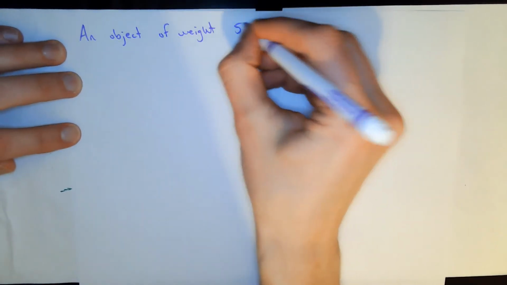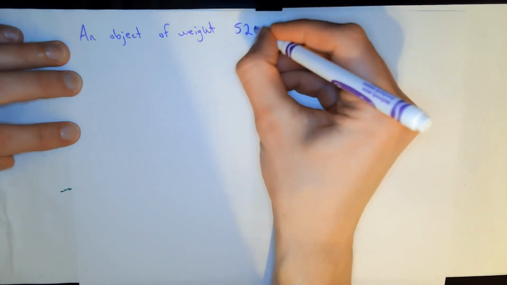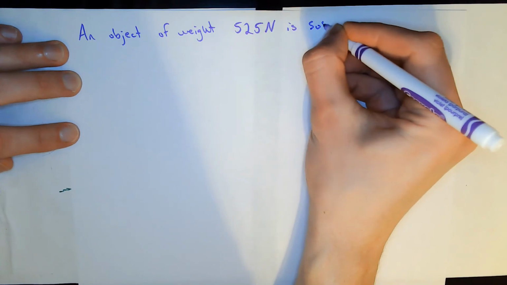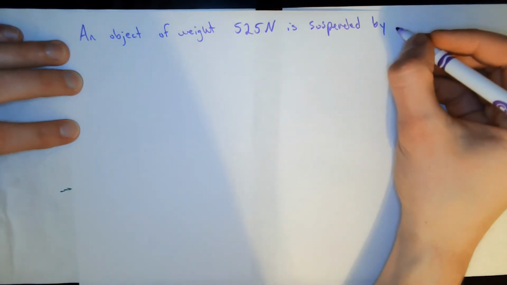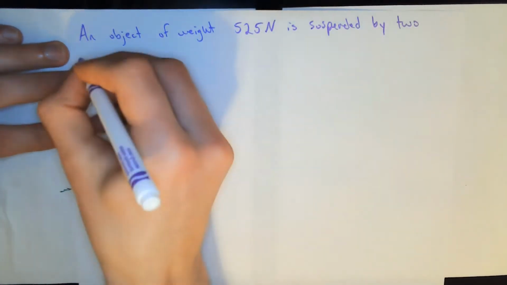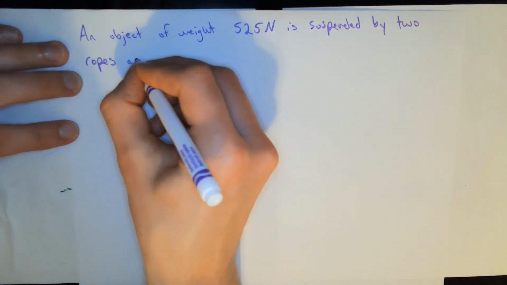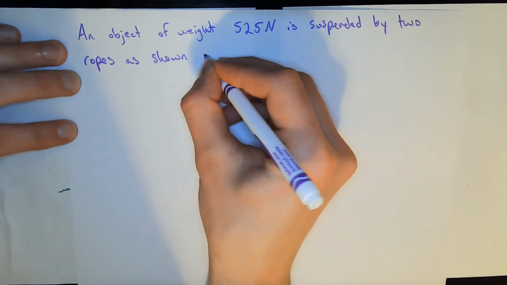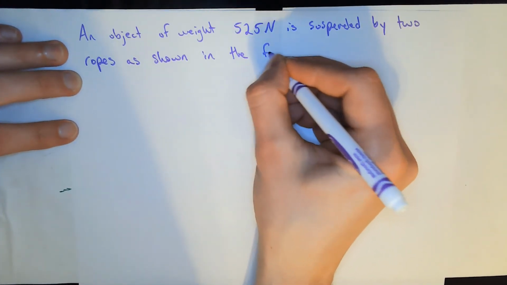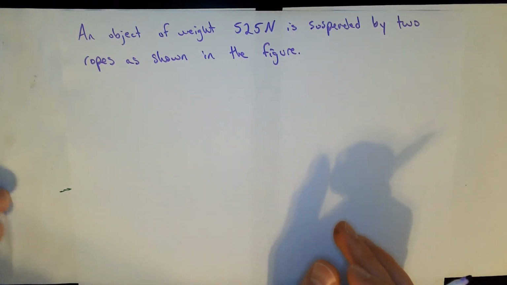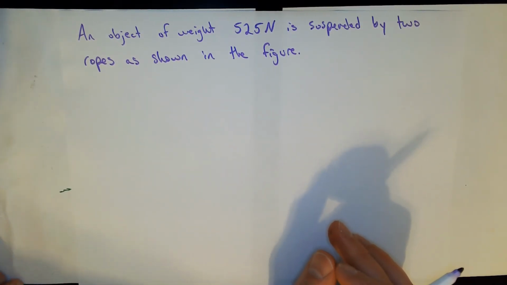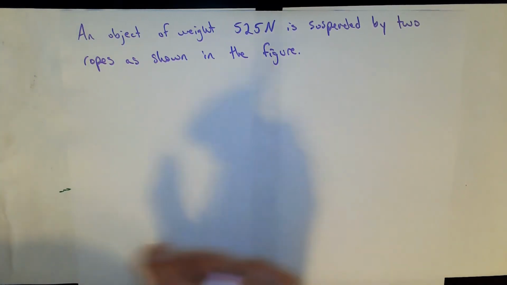Let's see, an object of weight 525 newtons is suspended by two ropes, as shown in the figure. So sometimes it's easier in the problem to literally just give a picture instead of trying to describe what the angle of the ropes are and everything like that.